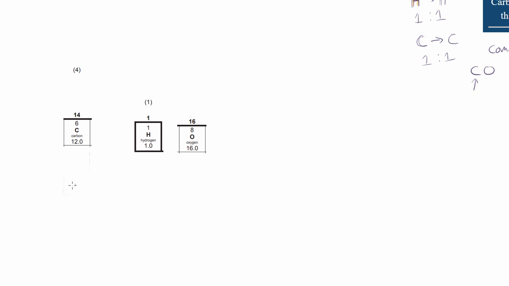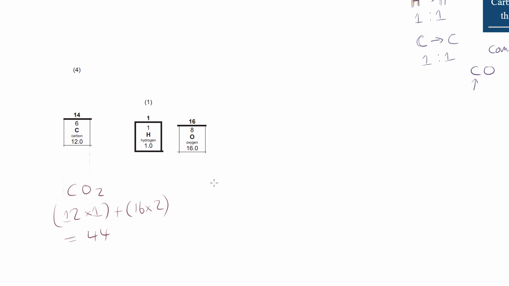So for CO₂, we need to multiply the occurrence of carbon by the relative atomic mass, plus the same for the oxygen. So for carbon, it's 12 times 1, plus the oxygen, 16 times 2. And if you do that, what you should get is 44.